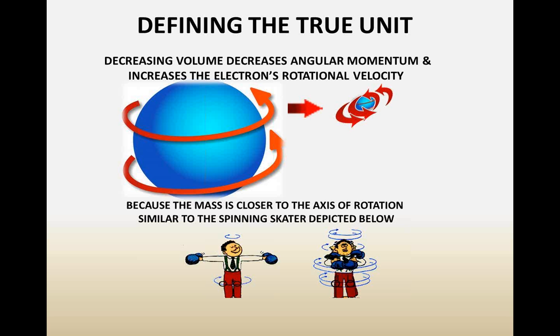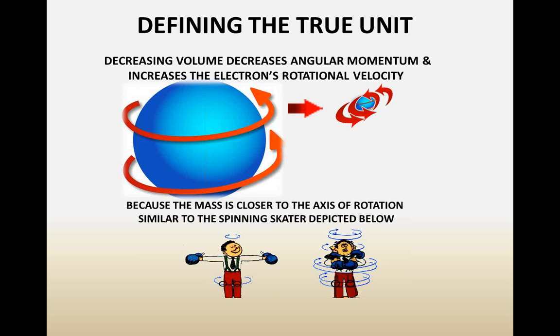You may remember this slide from the previous video. It is repeated here because of the importance of the true unit in the calculus and in the Close-Snappy theory of everything. When an electron is stripped from an atom, the volume it occupies shrinks. This is similar to what happens when a spinning skater pulls his arms in, and the spin velocity increases tremendously.